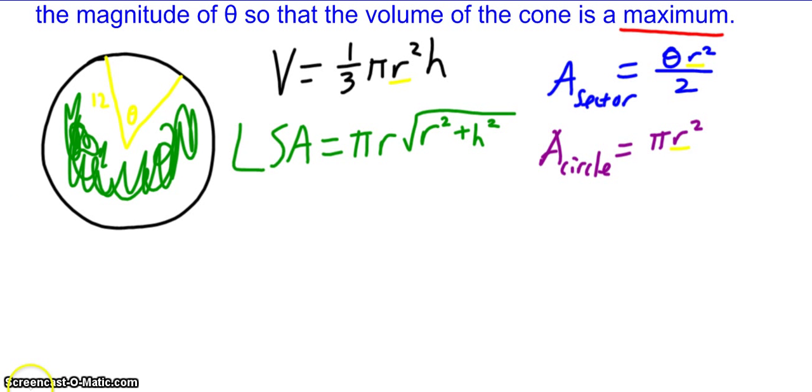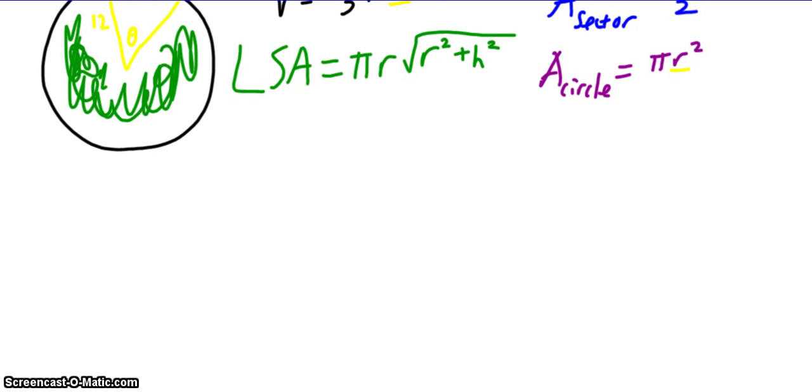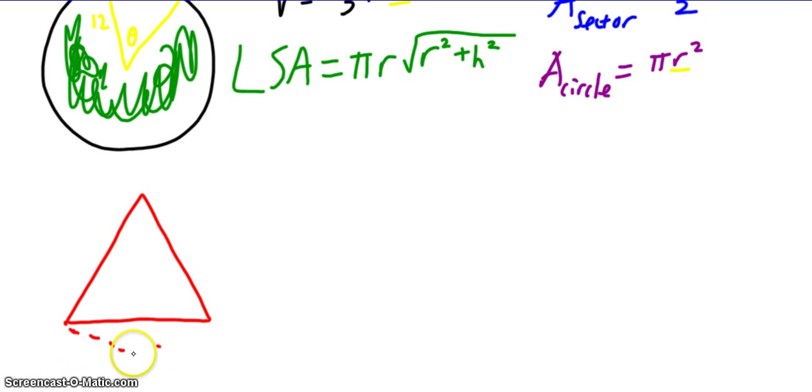So if we were to draw another picture representing our cone, so I know in my cone this is h, and I know this is 12, and then this is the r that I'm referring to in my cone. So we're trying to maximize the volume of the cone with those variables.